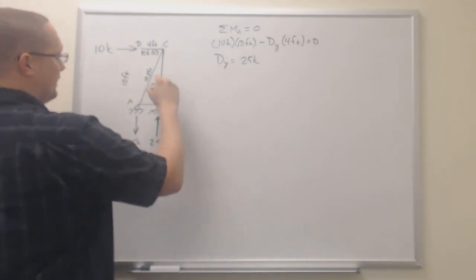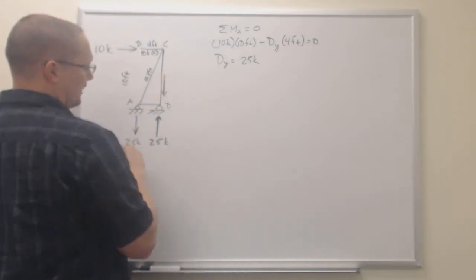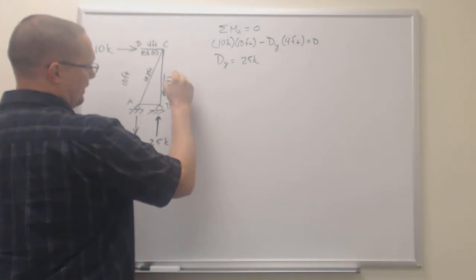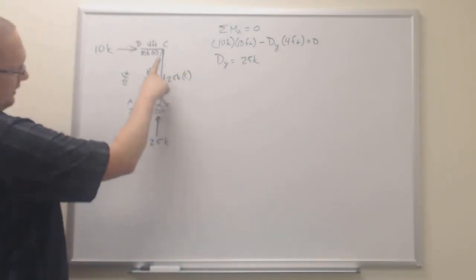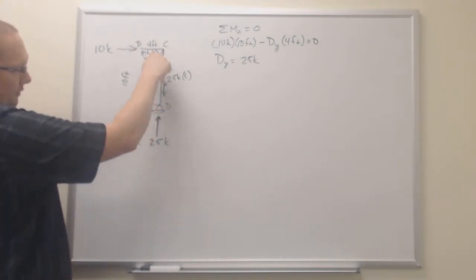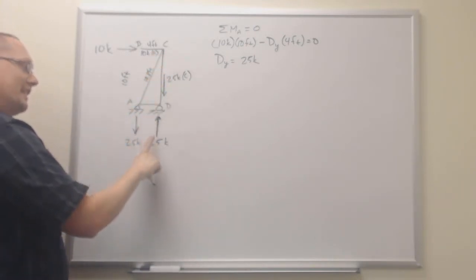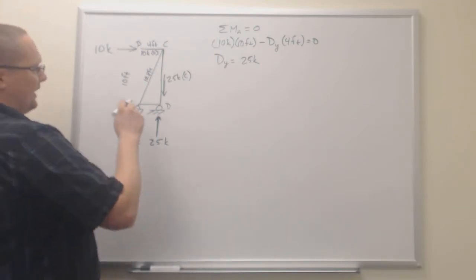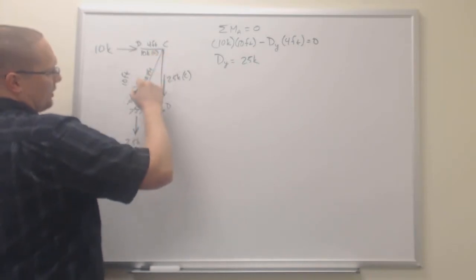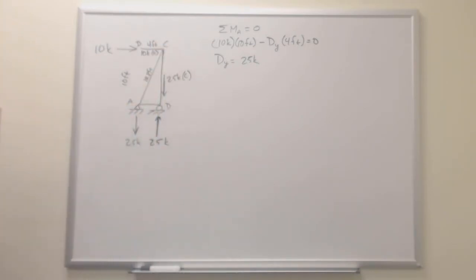We also know here we're going to have 25 kips of compression, because the vertical component of force in this member has to counteract 25 kips. That's the vertical reaction. And now let's find out what the force in this diagonal brace would be.